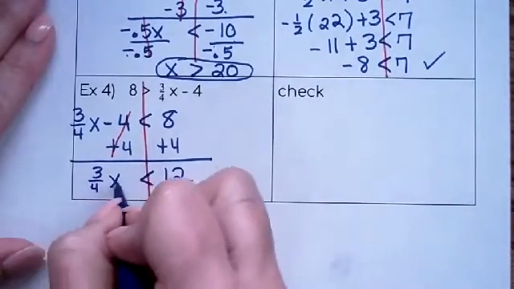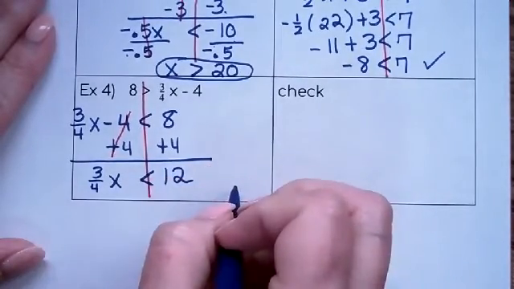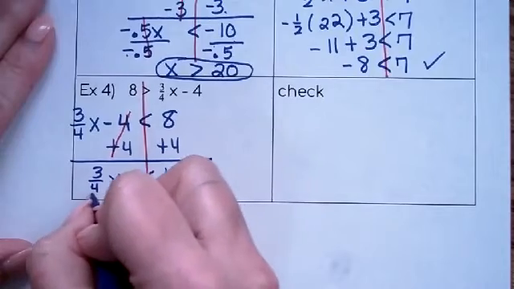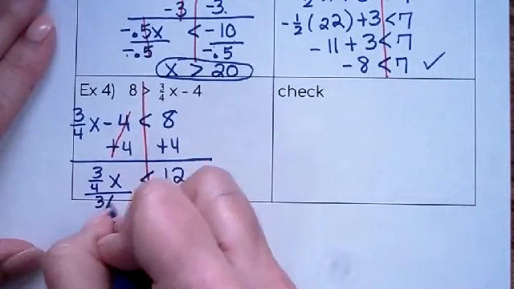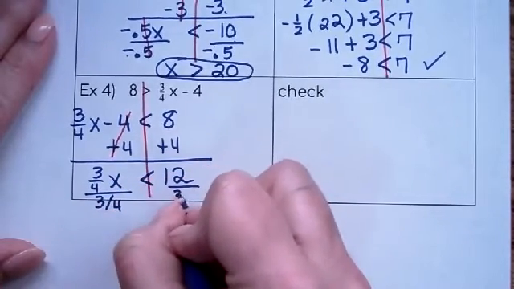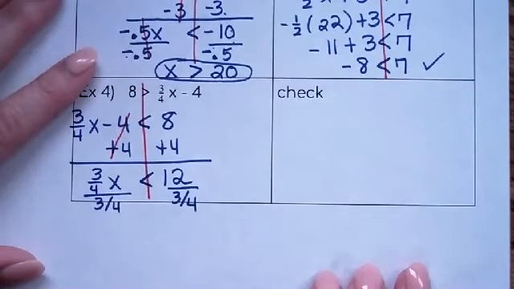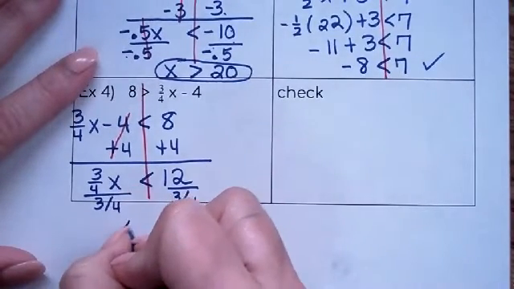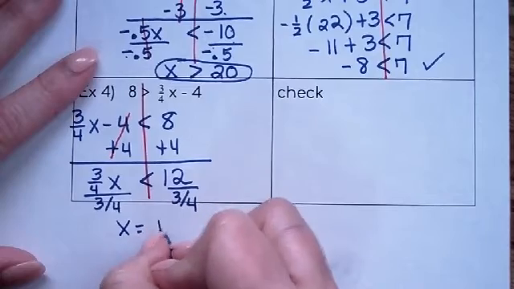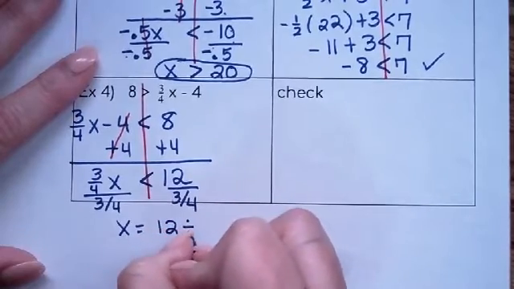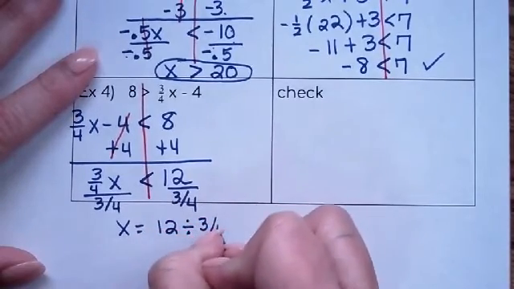Now, what am I going to divide by if I leave it just like this? I am going to be dividing by 3/4, right? And that kind of looks funny and oddball writing it like that, doesn't it? But what does that really mean? That means I'm going to do 12 divided by 3/4.